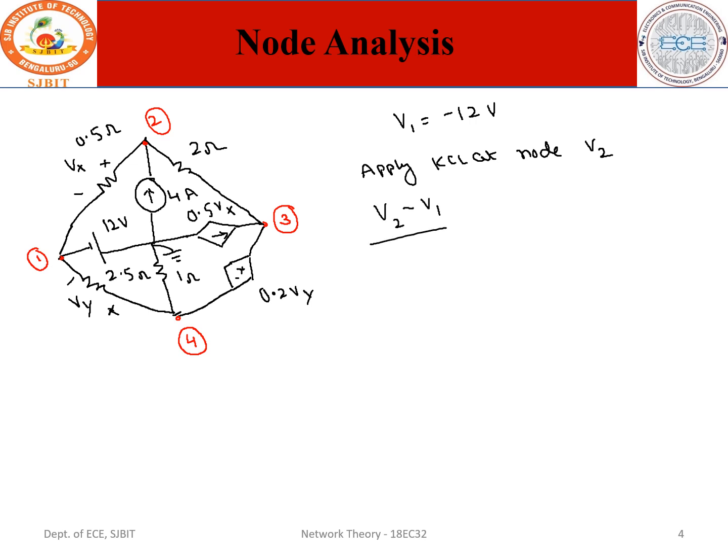When applying the KCL at node V2, we can write an expression like this: V2 minus V1 divided by 0.5 plus the current entering the node, therefore that becomes, this is given as 14 amps.